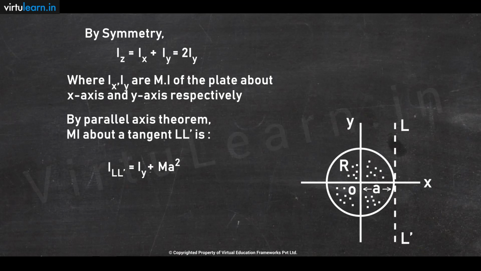Here, because of this symmetry, O becomes the center of gravity. OY will be the line passing through the center of gravity. LL dash and OY are parallel to one another. Therefore, the moment of inertia about LL dash, the required tangent, is equal to M a square by 4 plus M a square, or 5 by 4 M a square.